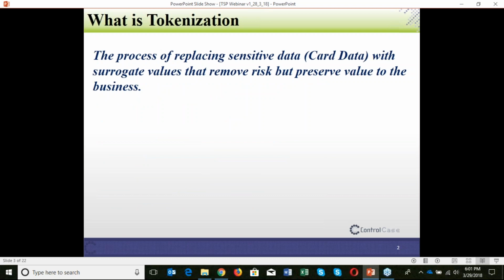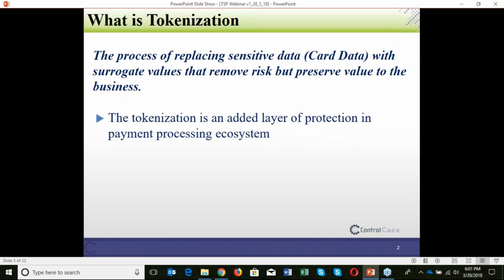So what is tokenization? The process which replaces sensitive authentication data or card data with surrogate values and still maintains the same business process in the payment ecosystem. Obviously it eliminates the risk because it does not use the cardholder data, so it adds a layer of protection in the payment system.